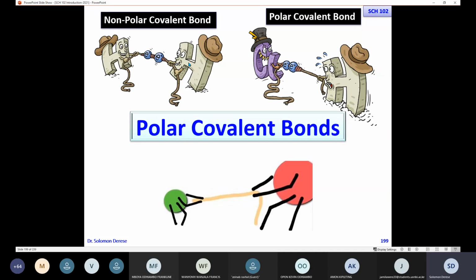None of the hydrogen has a higher share, a larger share of the electrons. So this covalent bond that is formed between the two hydrogen atoms is non-polar. There is no polarization. Polarization means one center has excess, the other center has deficiency.